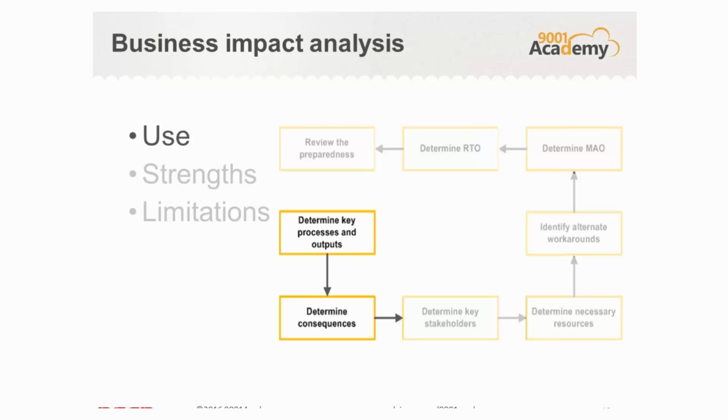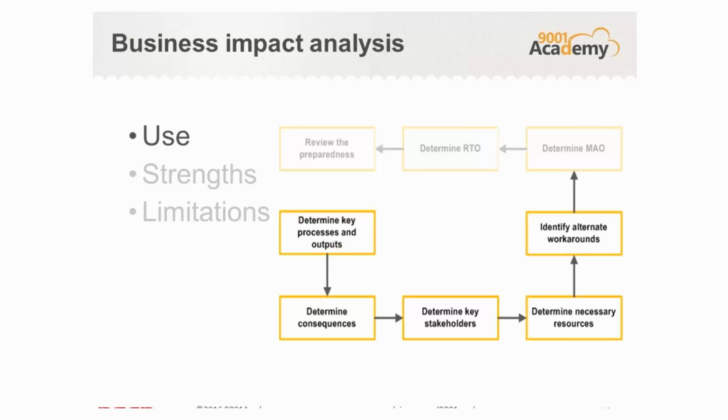The next step is to identify the interdependencies with key internal and external stakeholders, and this can include mapping the nature of the interdependencies throughout the supply chain. Then the identification of alternative workarounds and processes currently in use or planned to be developed.